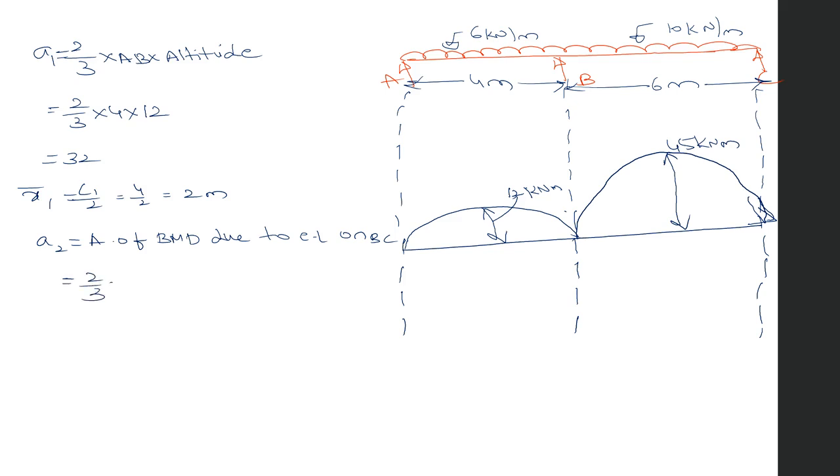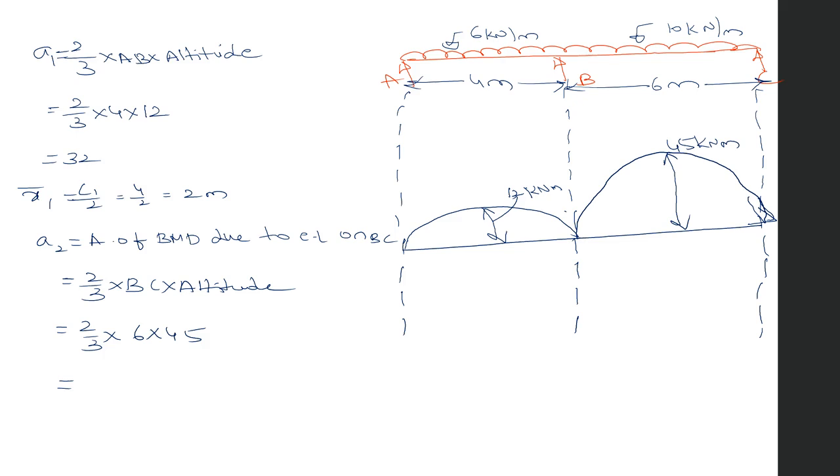Same parabola, here we are calculating on BC. So 2/3 of BC into altitude. Here BC is 6 meters as given, and we calculated previously W2 L2 square by 8, which is 45.